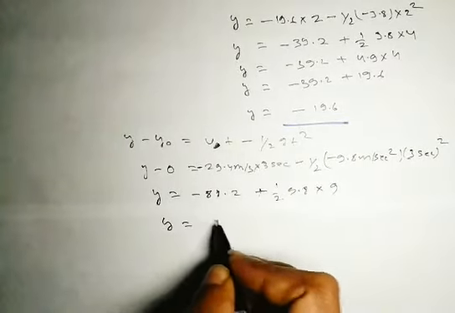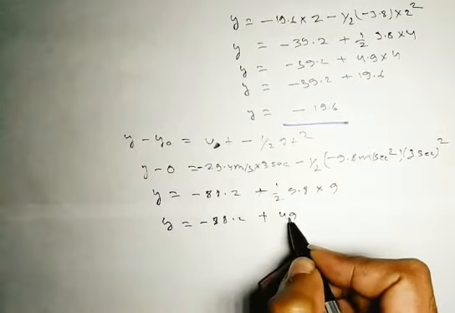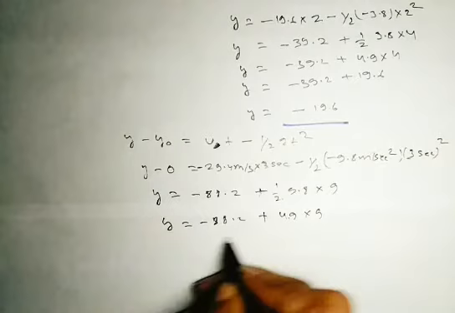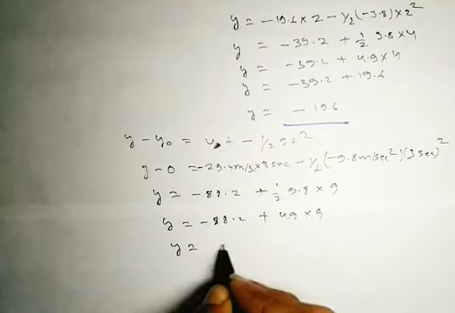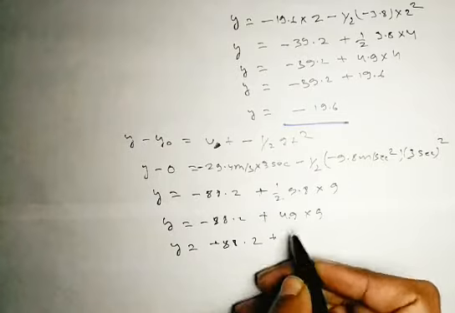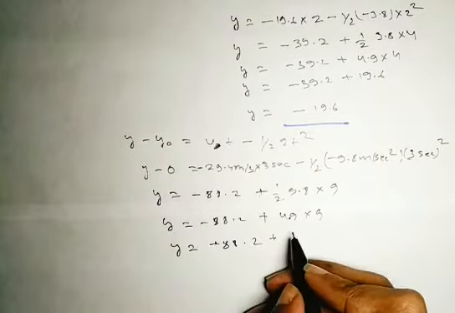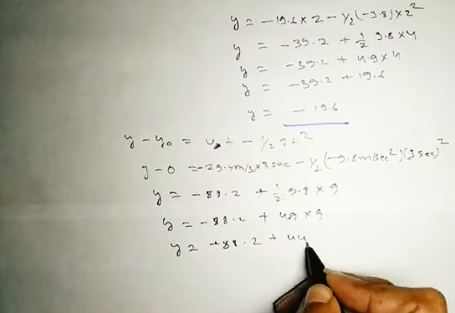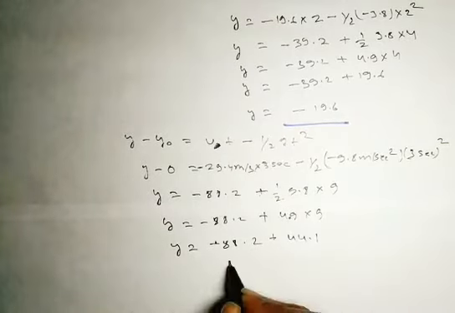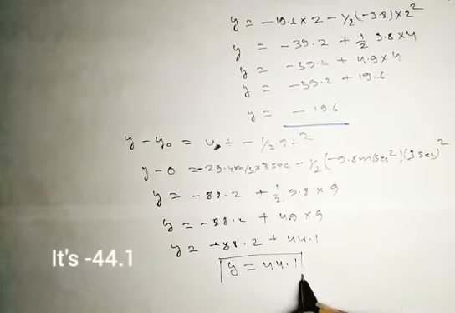So y will become minus 88.2 plus 4.9 into 9, which is plus 44.1, which will give y equal to minus 44.1.